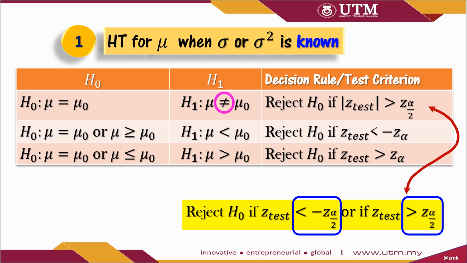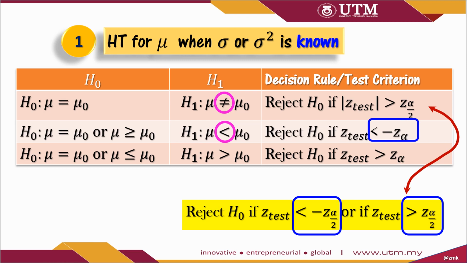The second choice of hypothesis test is a left-sided alternative hypothesis test where under H1 we have mu is less than mu naught. The decision rule will then be reject H naught if z-test is less than the left-sided critical value, which is the negative z alpha.